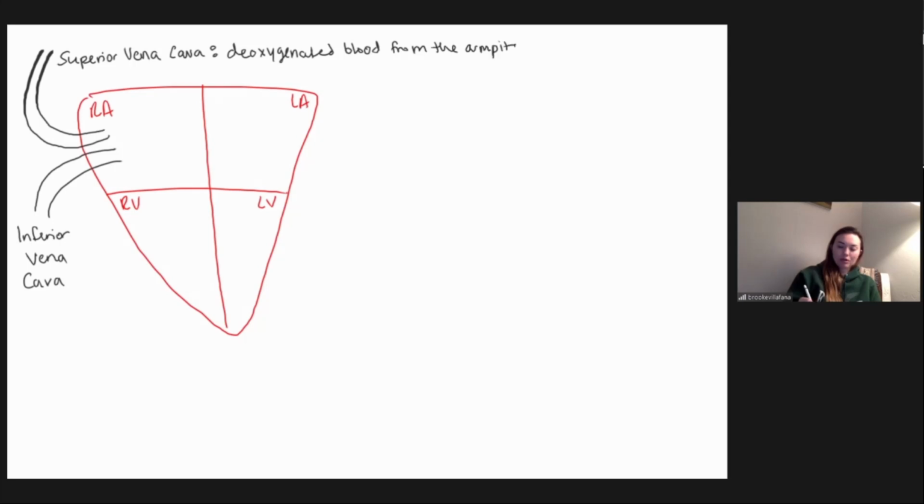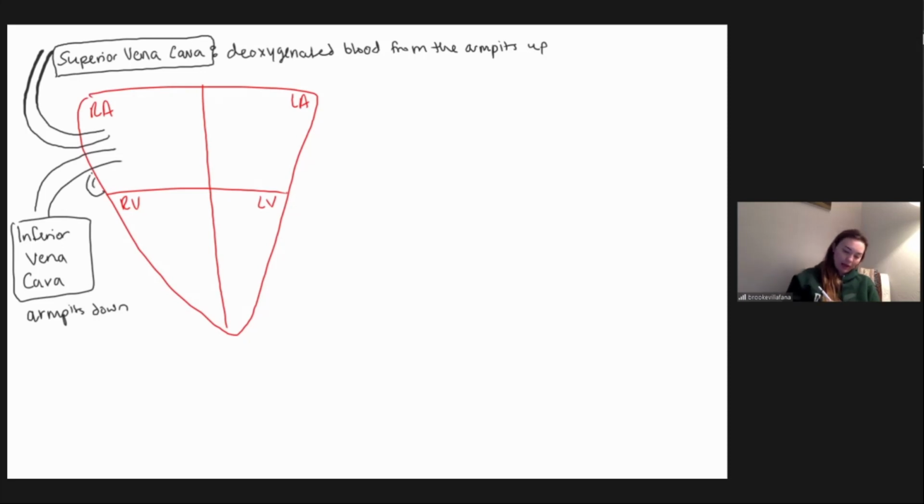So if you picture your armpits and above, that'd be your head, your neck, all of that is coming from the superior vena cava. The inferior vena cava is bringing blood from the armpits down.